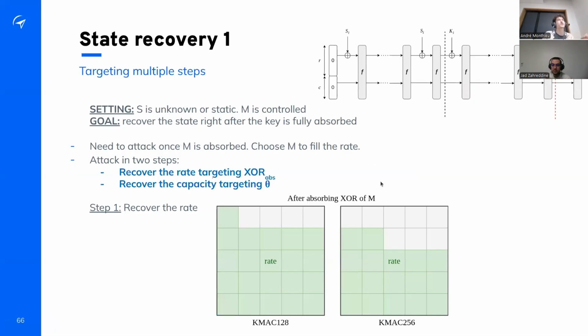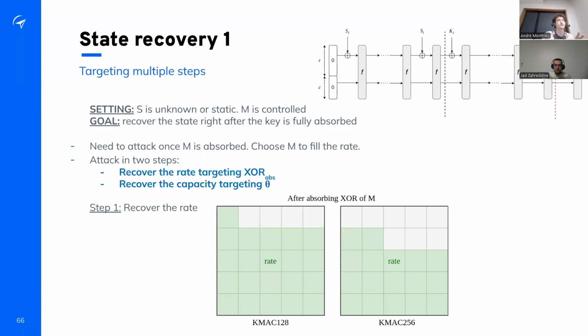Let us move on to the other scenario where S is unknown and static, but M is known and varies. So in this attack, you will need to go about it in 2 steps. So the first one, you would be recovering the rate, targeting the absorbing XOR here.